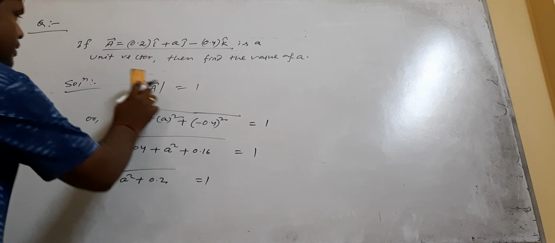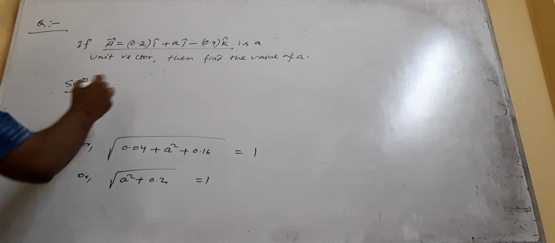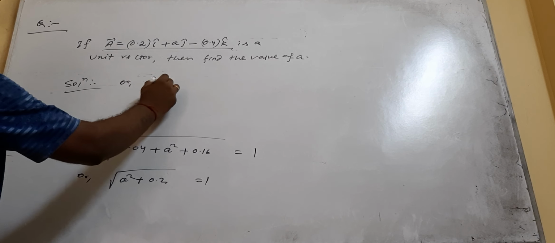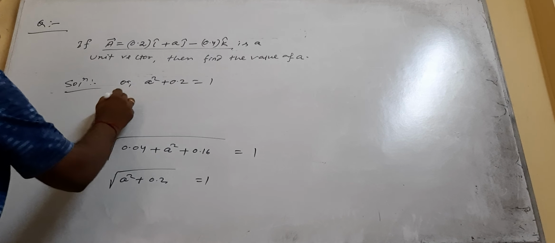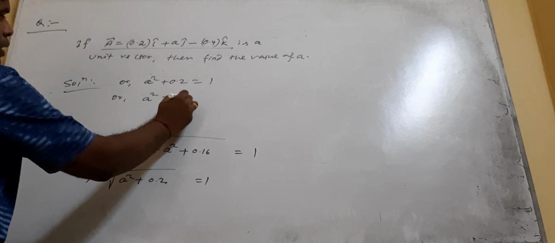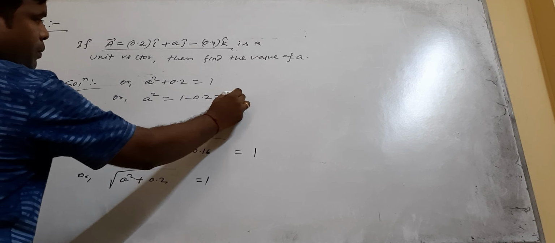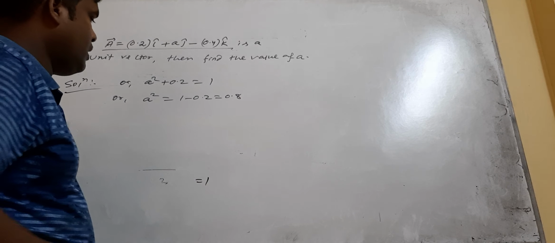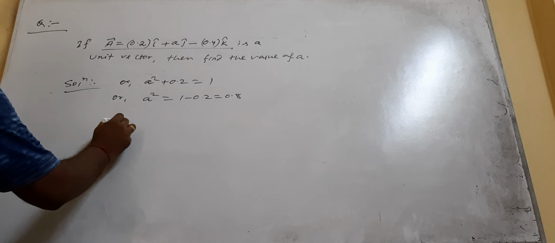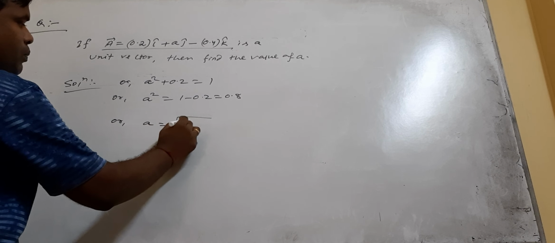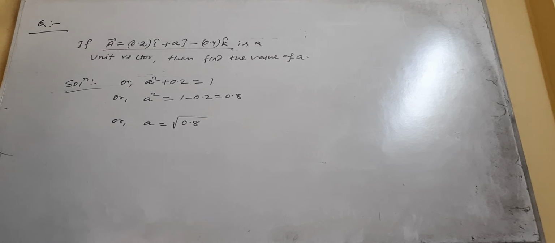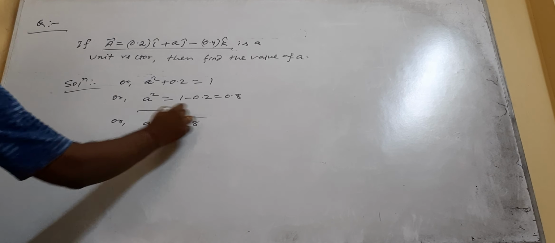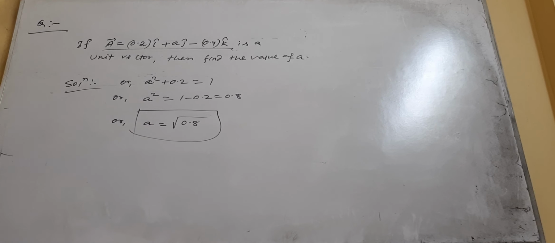You will get a square plus 0.2 is 1, or a square is 1 minus 0.2, that is 0.8, or a is equal to root over 0.8. So here you got the value of a as root over 0.8.